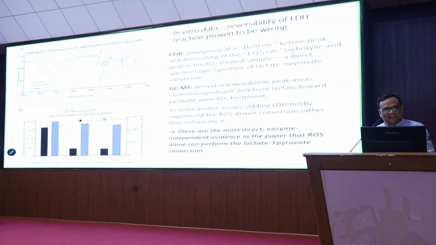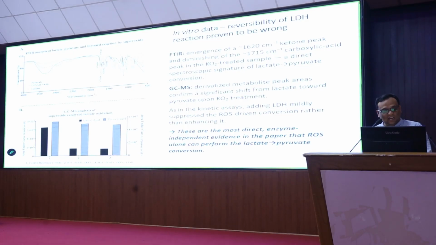Now, FTIR analysis was done to see the changes in spectra between lactate and pyruvate, and you can see that lactate is not getting reconverted to pyruvate. GCMS was done to back up this observation using superoxide catalyzed oxidation of lactate, and Abhinav could show that superoxide itself could convert lactate to pyruvate.